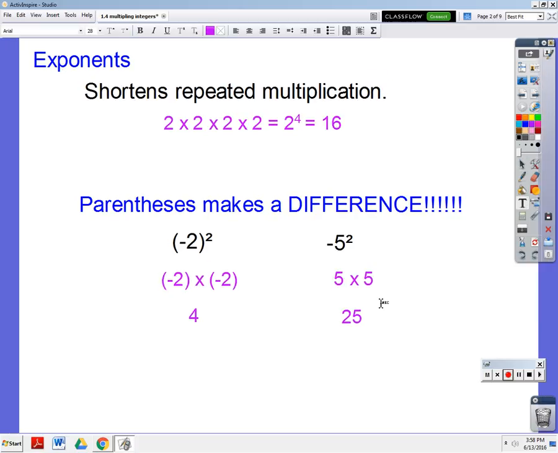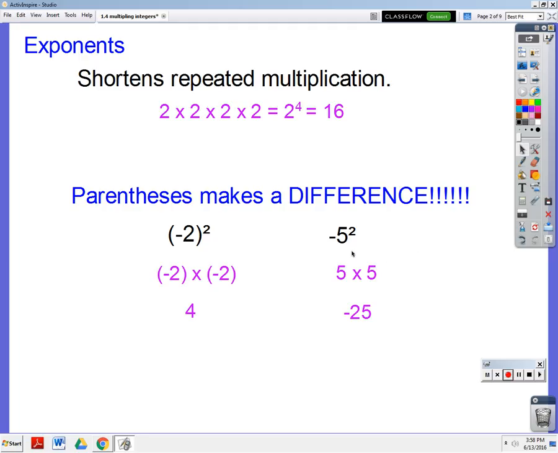So now I need to put in that negative sign. So without the parentheses, you have a negative answer. With the parentheses, it could go either way. It depends how many times you're using that number.